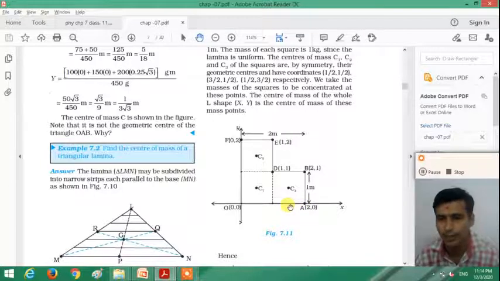So the x coordinate of C2 is 1.5 and the y coordinate we take as 0.5. Similarly, for C3 the x coordinate we take as 0.5 and the y coordinate we take as 1.5, and put in the formula of the center of mass. You can easily calculate the x coordinate and y coordinate of the center of mass, right?